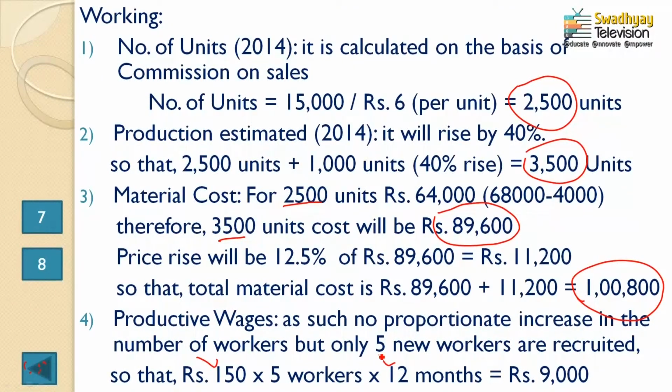That means the productive wages would change in the year 2014 by 9,000 rupees. 36,000 was incurred in the year 2013 and 9,000 rupees has been added due to the 5 new workers recruited in 2014. So the productive wages would be 36,000 plus 9,000 rupees in the year 2014.